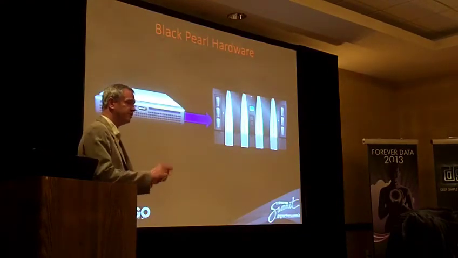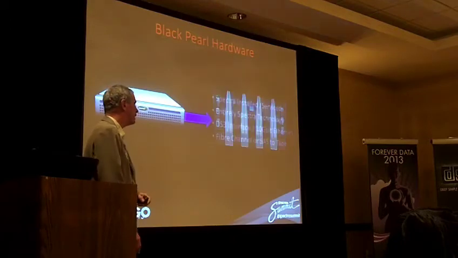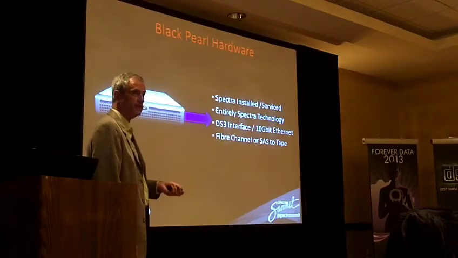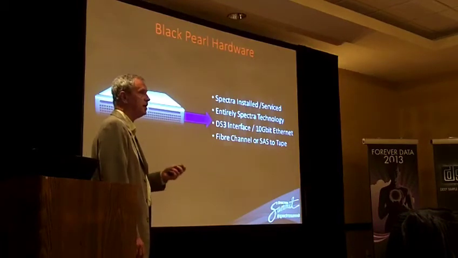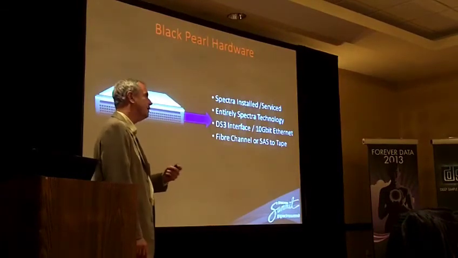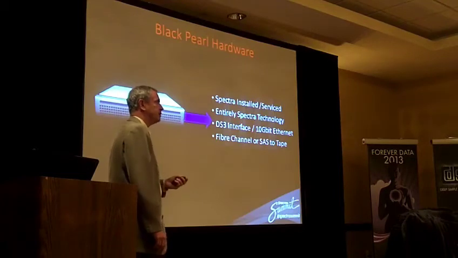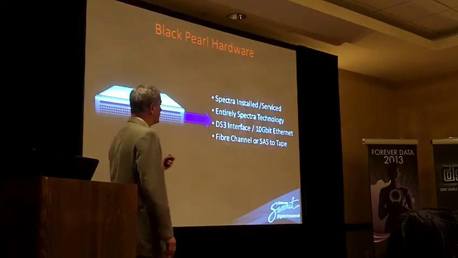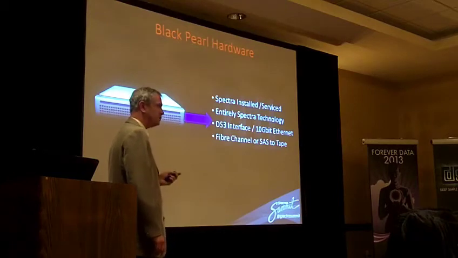It's a 2U-high server. The front end of the box can be either InfiniBand or 10 gigabit Ethernet. Most of the customers we're talking to today are 10 gigabit Ethernet. We do have some HPC customers that will probably require InfiniBand. The back end is fiber channel or SAS to the tape system.